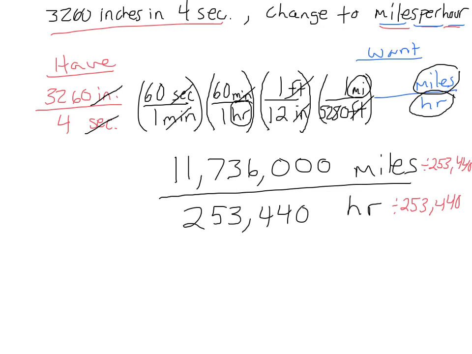And that would result in, doing this in my head, so bear with me, divided by this number in my head is 46 on top. And if we divide the bottom, of course, that's just 1. And this is in miles per hour.